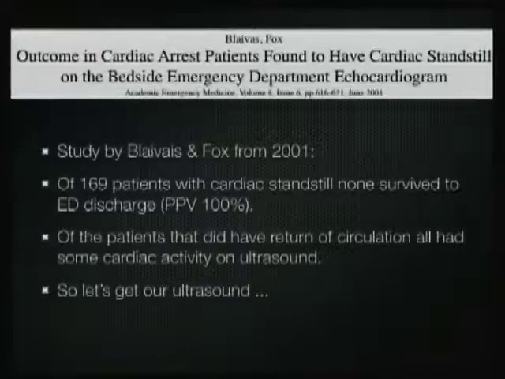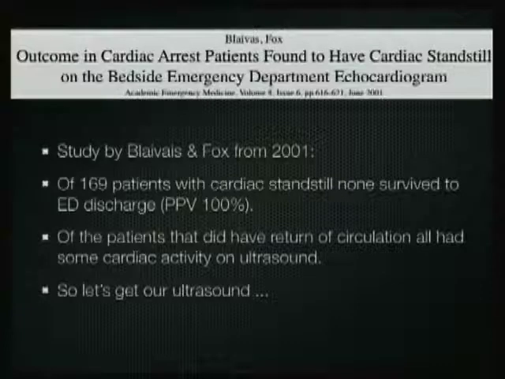So there was a study looking into this question to figure out what the outcome was in cardiac arrest patients found to have cardiac standstill on the bedside emergency department echo, if that can predict who survives. And in fact, it did. In this study of 169 patients with cardiac standstill, none survived to emergency department discharge.